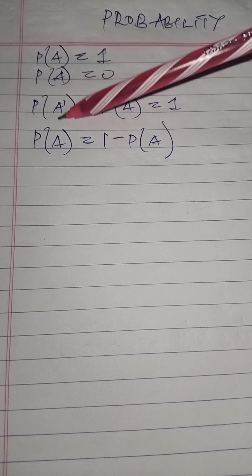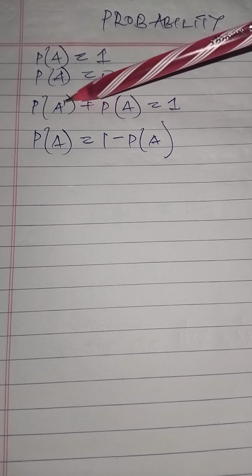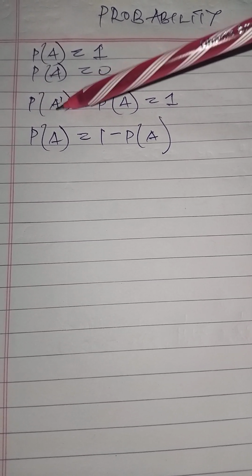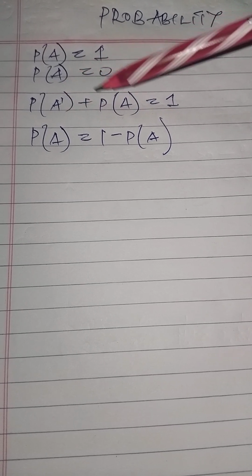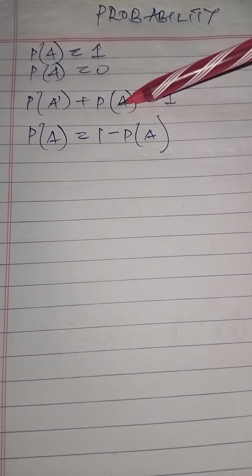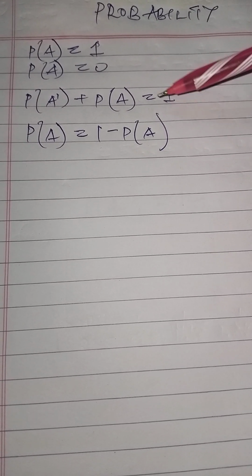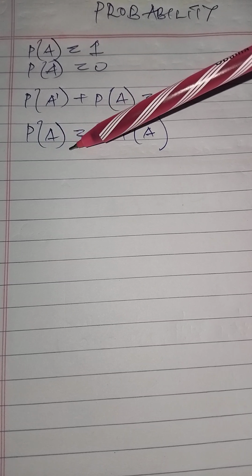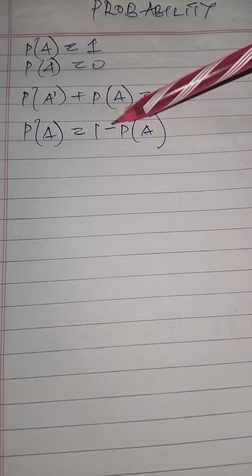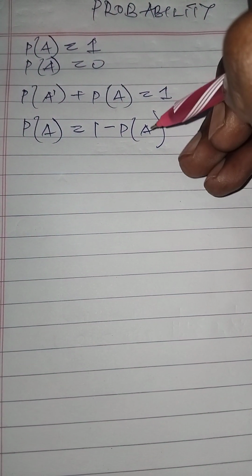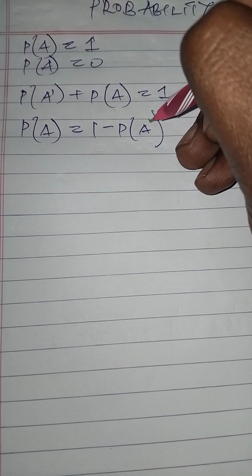So we have the probability of A prime. A prime means the probability of that event not happening. So when you take the probability of an event not happening and you add the probability of that event happening, the probability has to add up to 1. So if you want the probability of an event happening, you take 1 minus the probability of that event not happening.